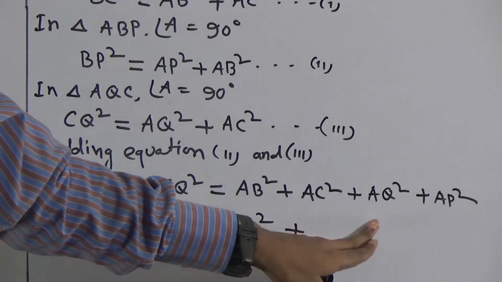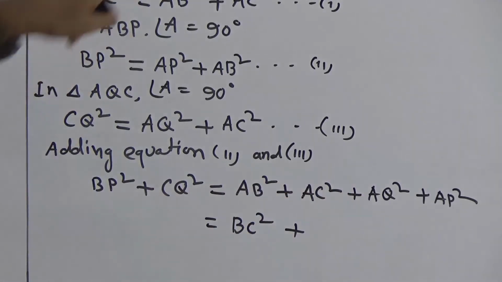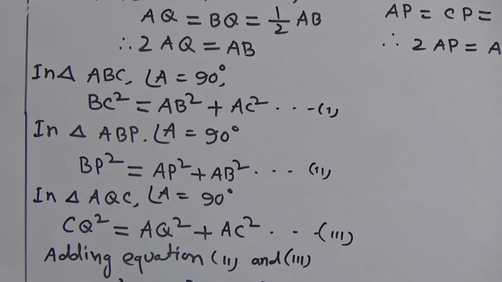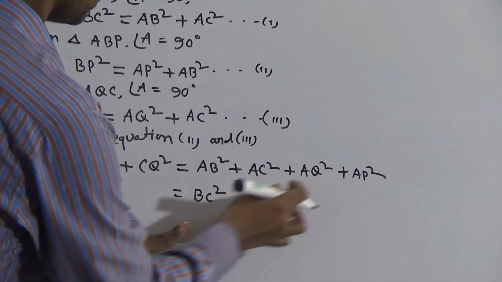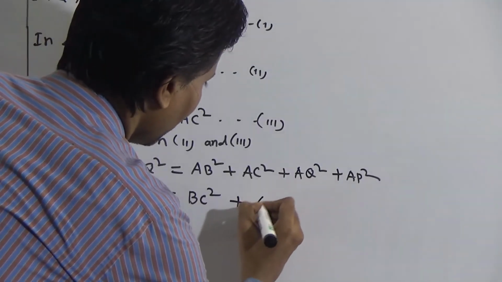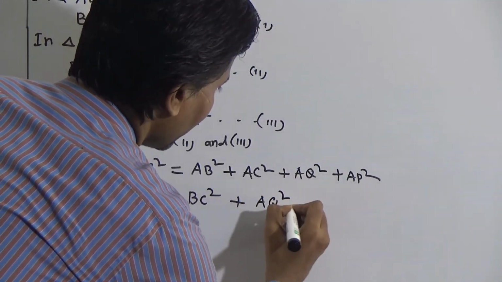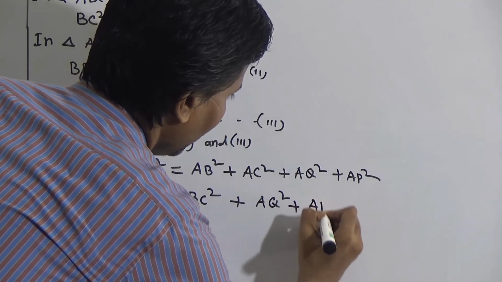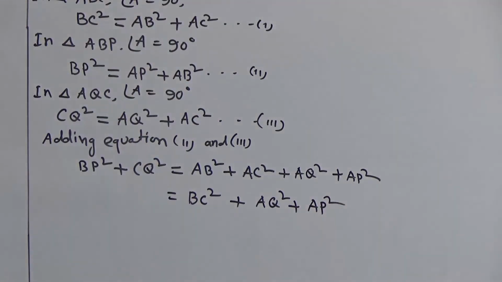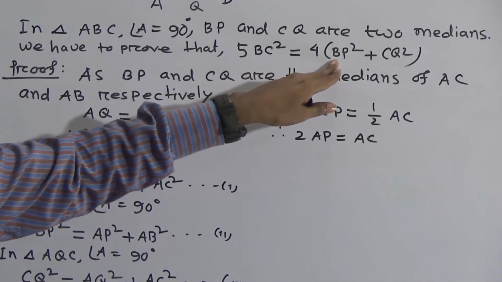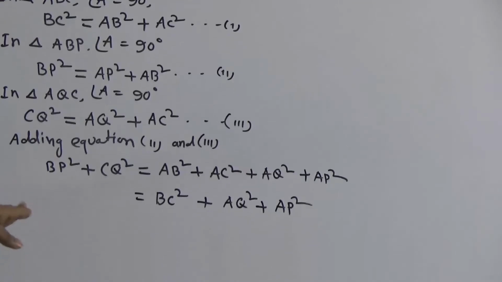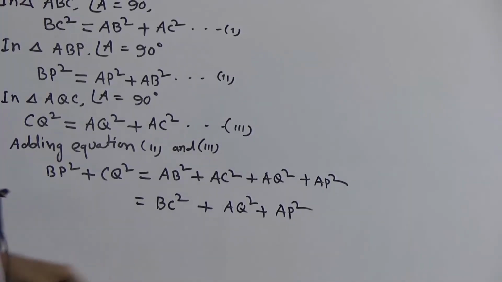Now AQ equal to what? AQ equal to half of AB, we can write here. So BC square plus AQ square plus AP square. Now you see the question, 4 BP square plus CQ square. So you have to multiply both these sides by 4.